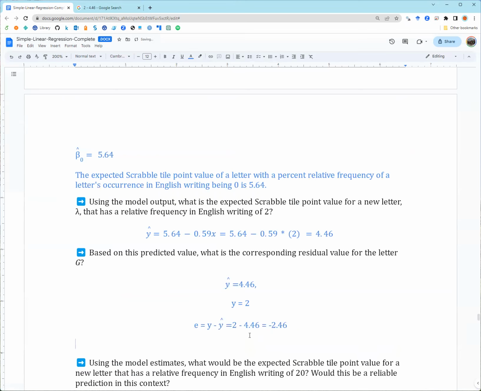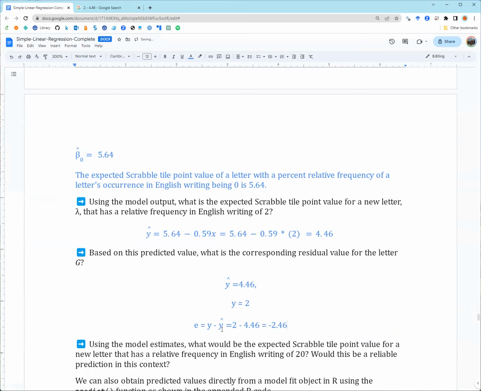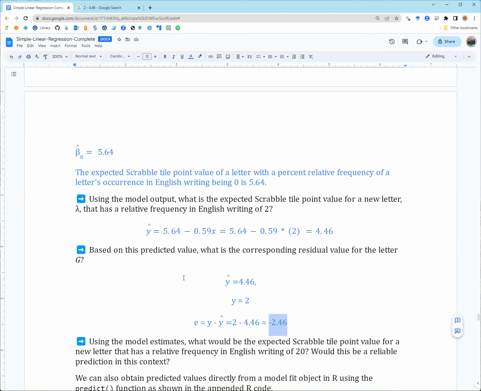So we can have residuals that are negative. G has a negative residual because the predicted value was bigger than the actual observed response value. So this is the residual value.